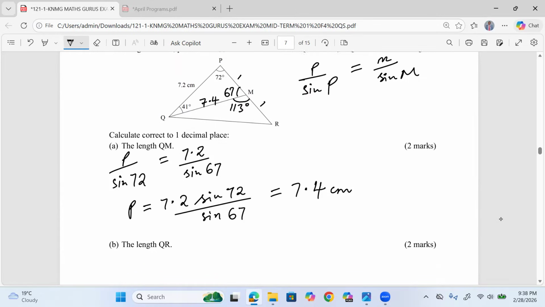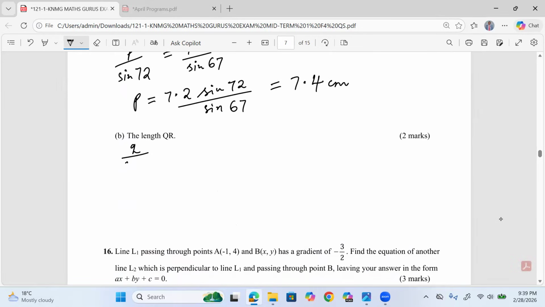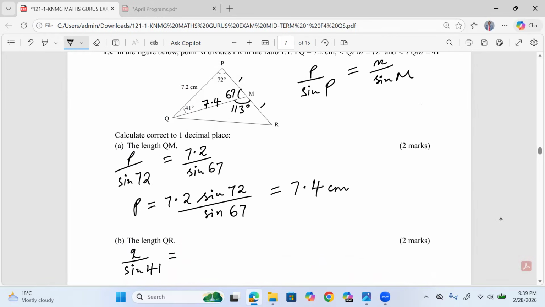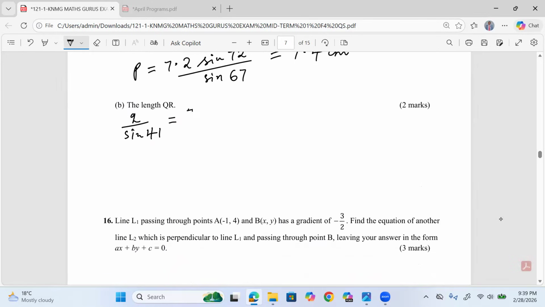The length PM, which will be called small letter q in this case, over the sine of the angle at Q, which is 41, is equal to 7.2 out of the sine of 67. So how do we remain with the length q? We take 7.2, multiply by sine 41, then divide by sine 67.